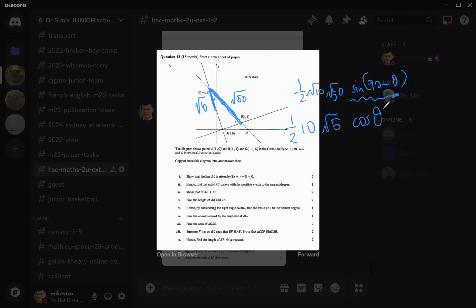Cos theta. See, if you notice, we know tan theta is 2, right? So we should know what cos theta is. Cos theta is root 10 on root 50, right? Alright.